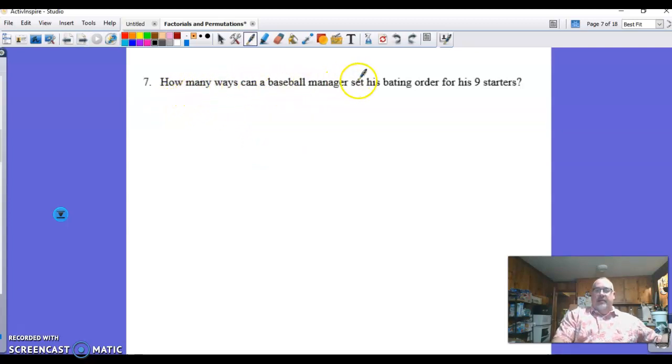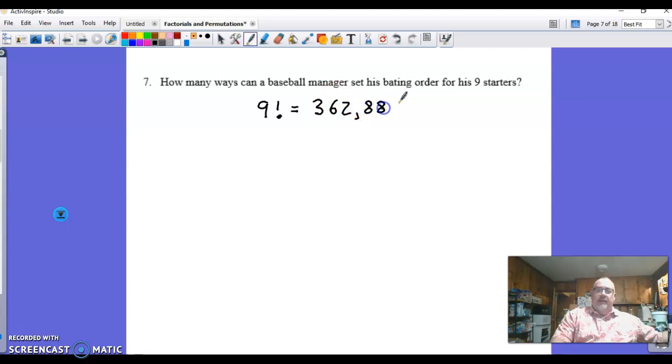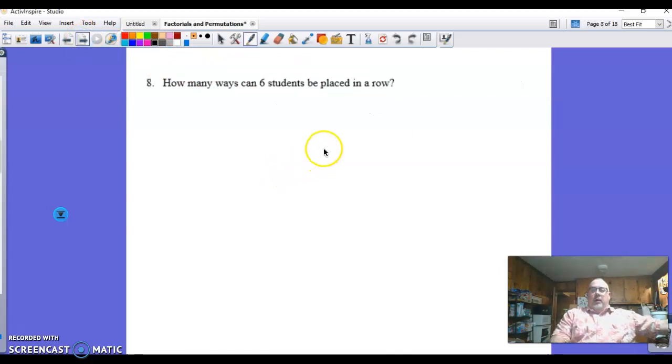How many ways can a baseball manager set his batting order for his 9 starters? Again, he's putting all 9 of them in order, so 9 factorial. Math, probability, number 4: 362,880.